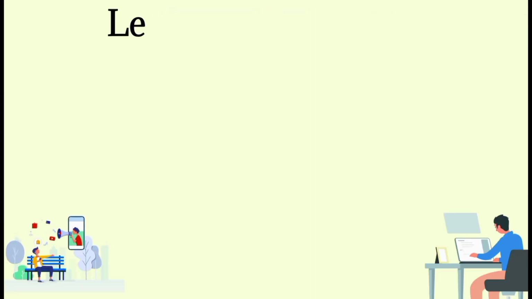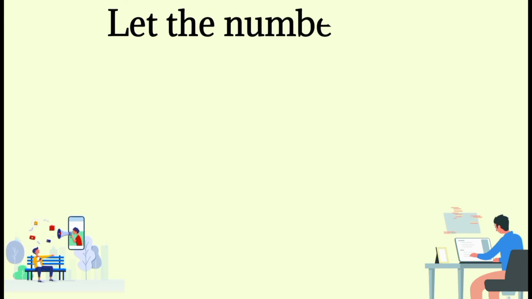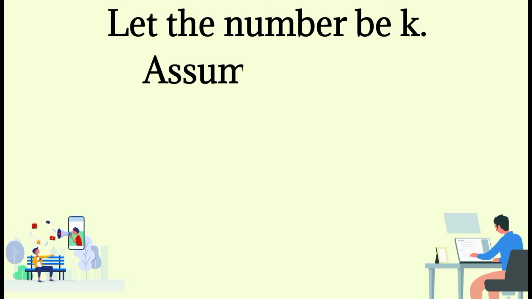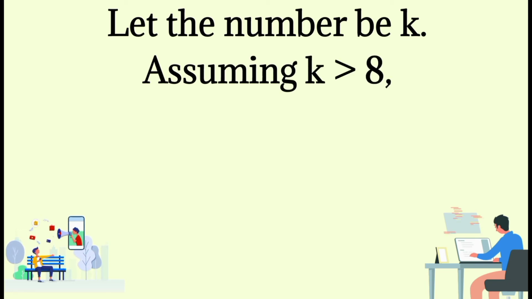In this example, we are asked to look for two possible values for the number. Which means we are going to have two cases, positive difference and negative difference. So suppose the number we are looking for is k. The first assumption here will be where k is greater than 8.